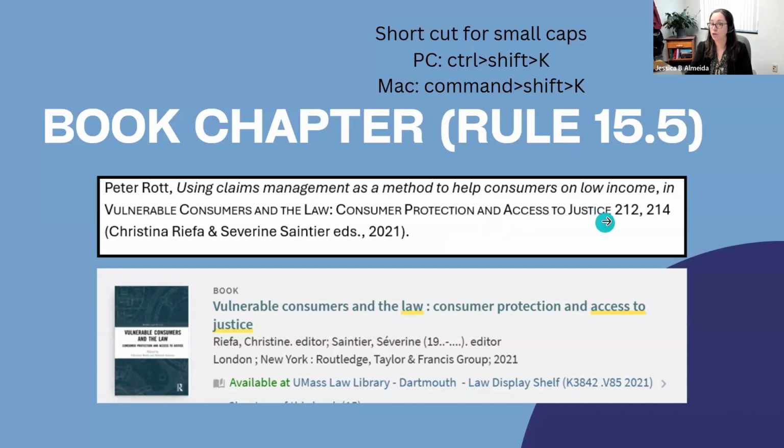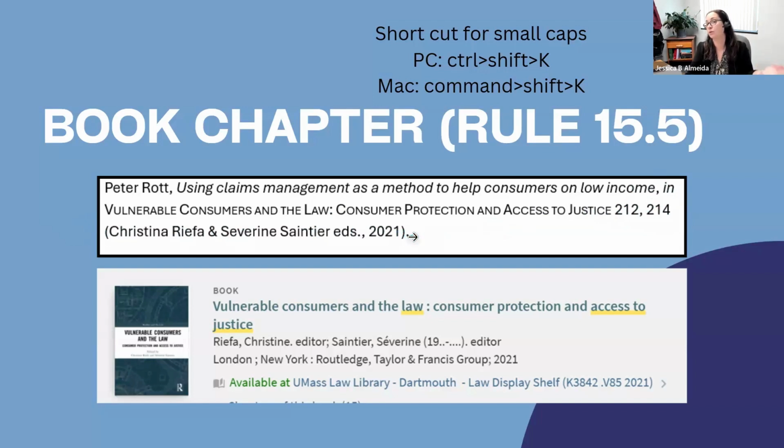The first page of the chapter, it's 212 in this instance, and then my pin cite, so I do 212 is the first page of the chapter, comma, but I am specifically referencing page 214. Here in parentheses, I have both of the editor's names, and then eds period, comma, the year of publication, end parentheses, and a period.